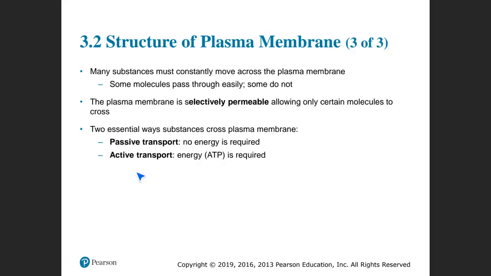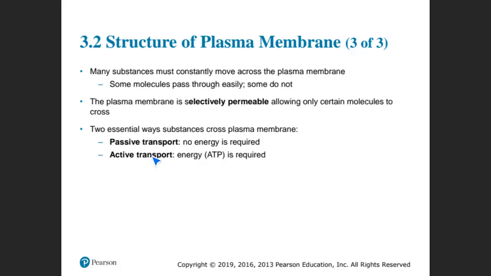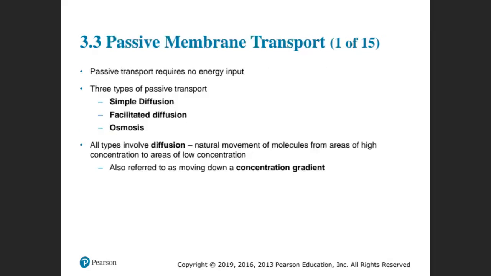So there are two big, broad ways that things can go through the plasma membrane into or out of the cell. That's passive transport, where no energy is used by the cell. That includes things like osmosis and simple diffusion. And then there's active transport, where cellular energy has to be used for that transport across the plasma membrane.